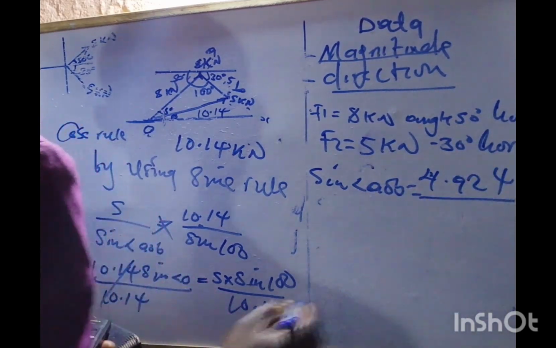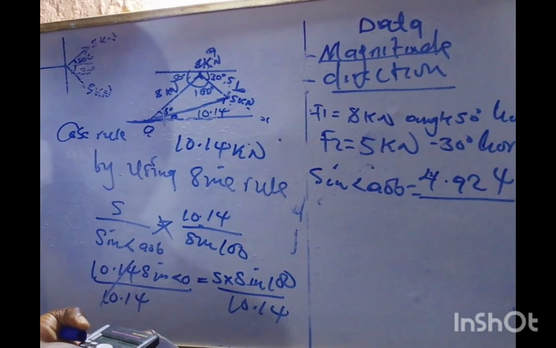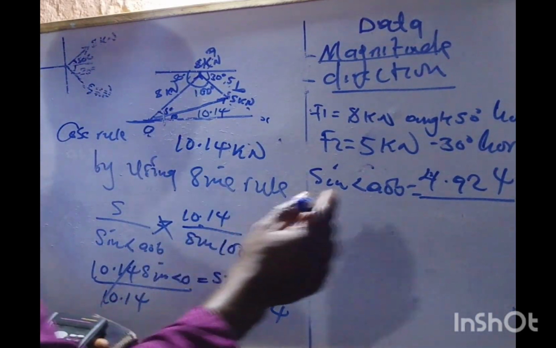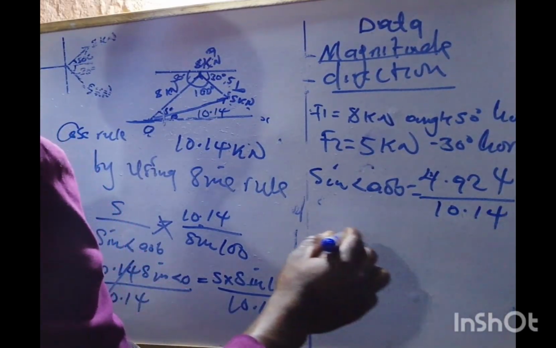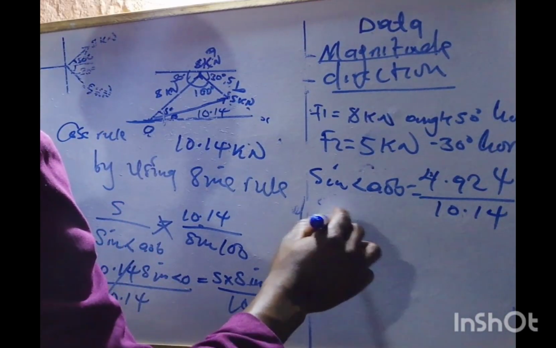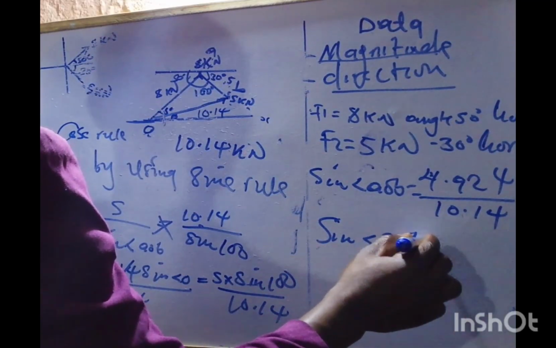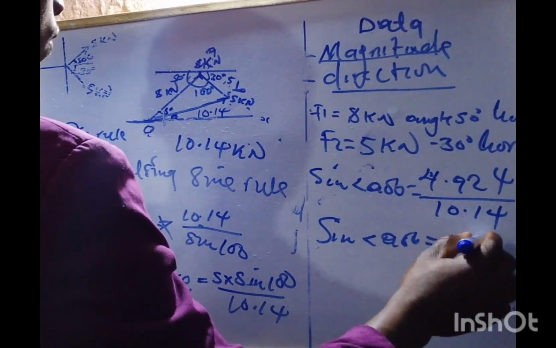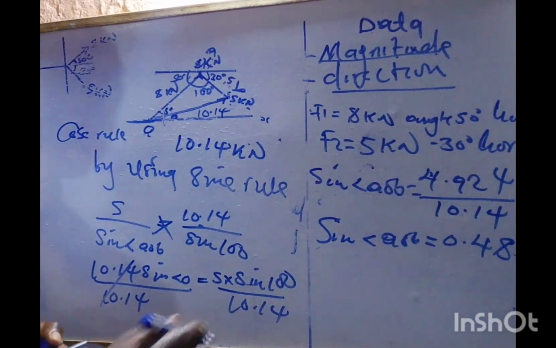Then you divide it by 10.14. When you divide by 10.14, the answer you get for sine angle AOB is 0.485.